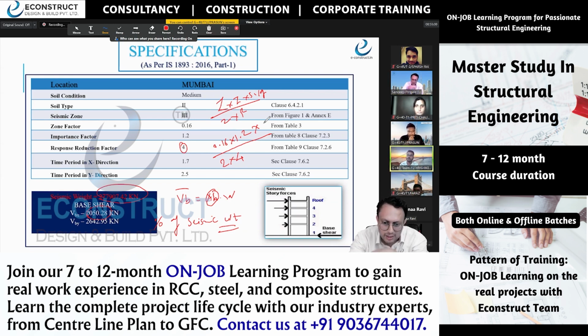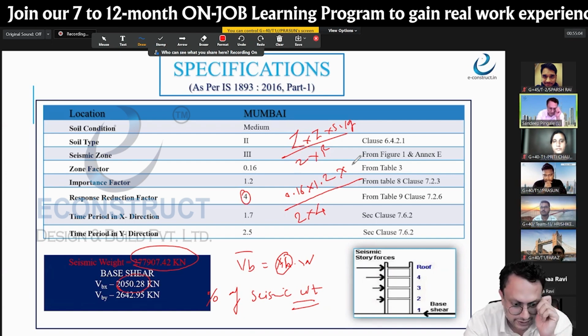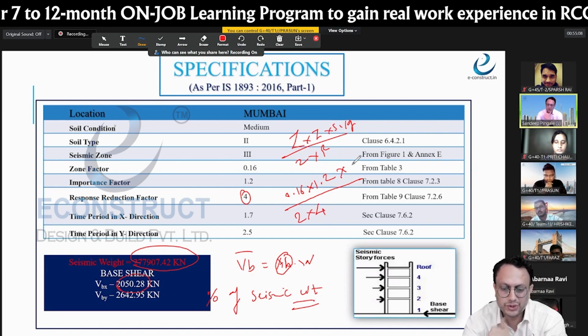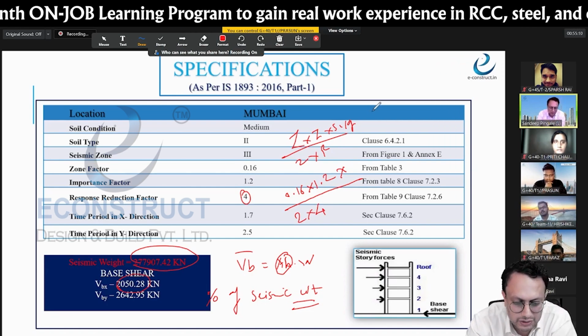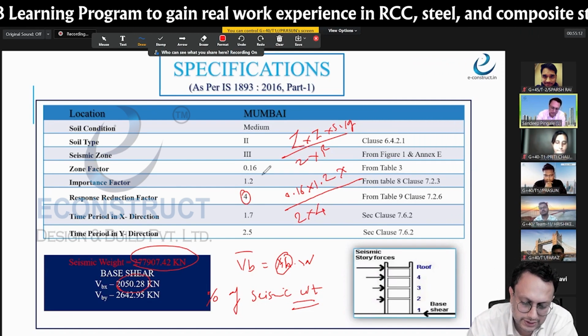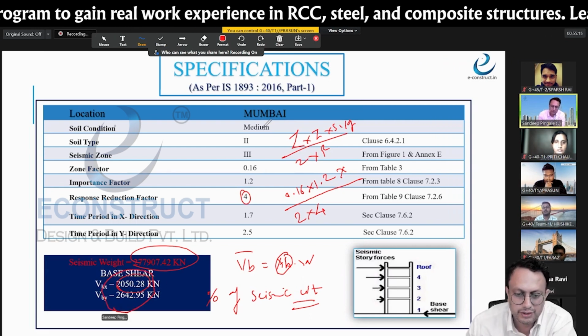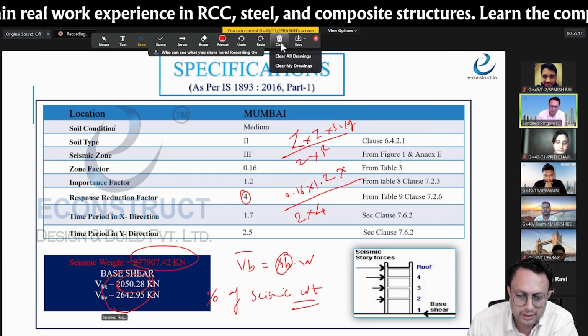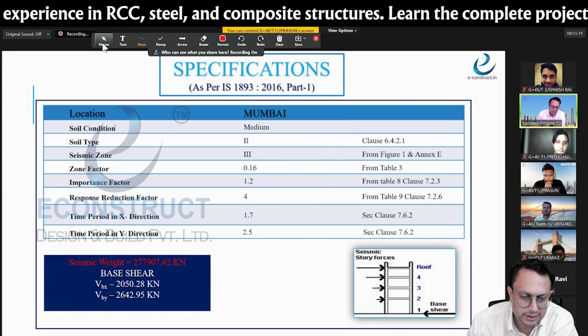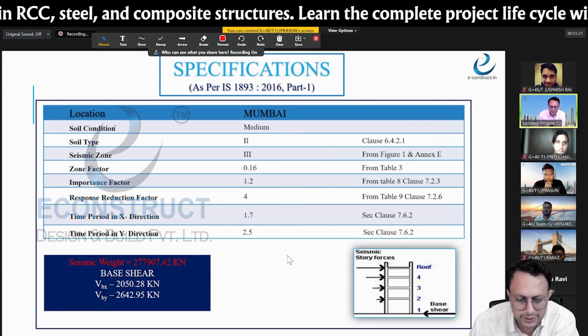Huh? 0.7%, no? Yeah, just check. I'm not sure, you might be right also. Just figure out this particular figure. I mean, I'm not sure. Such a low percentage for a high-rise building.